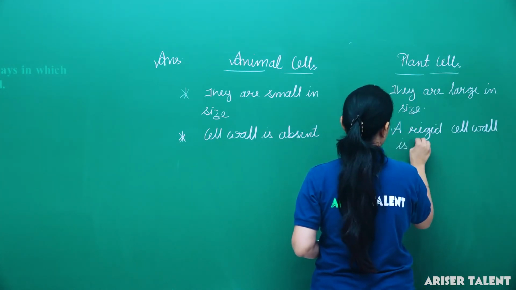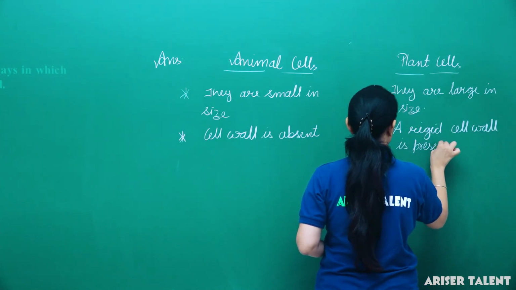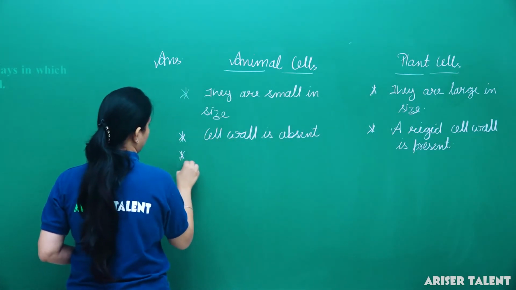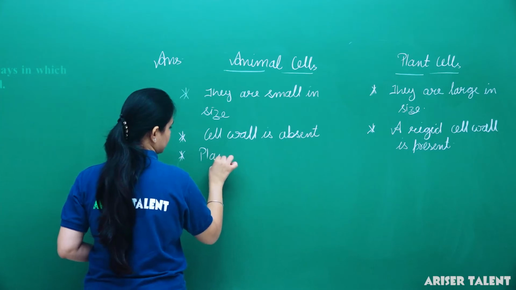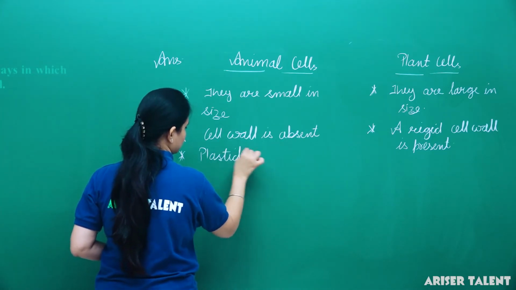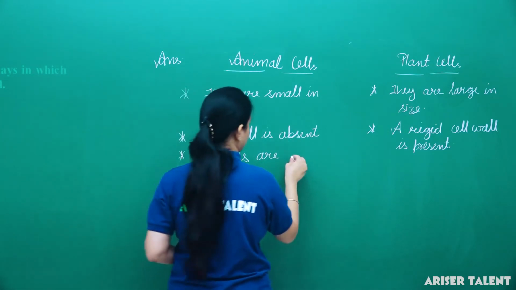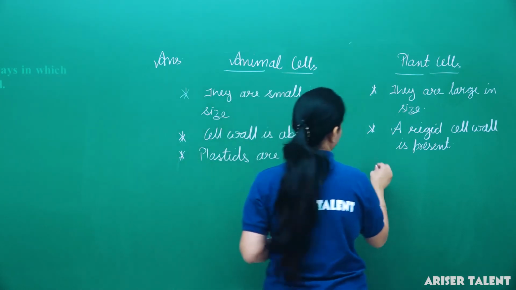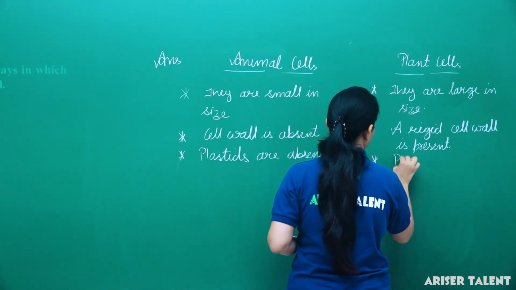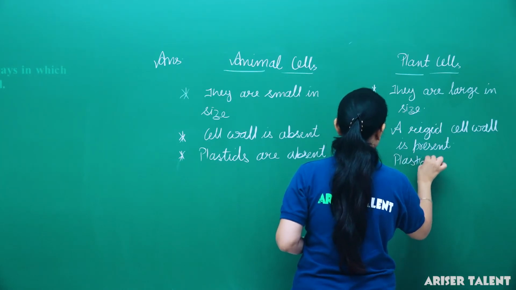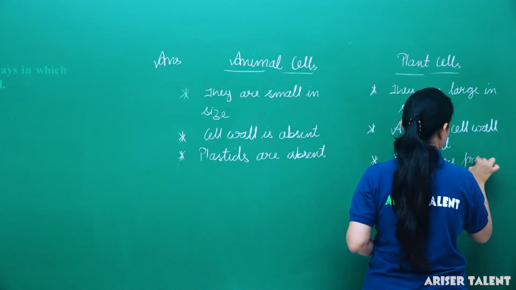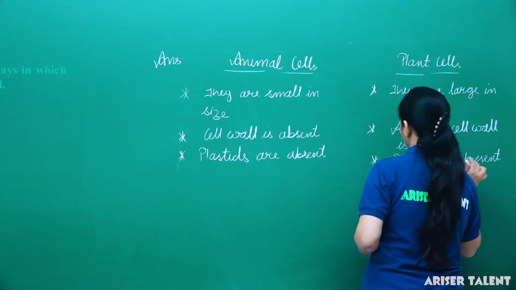Cell wall is present. Plastids are absent in animal cell, and in the plant cell, plastids are present. Okay.